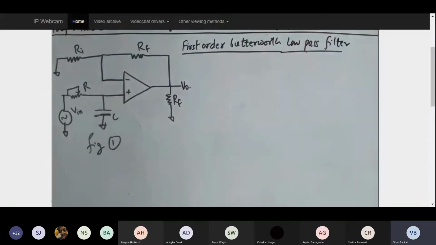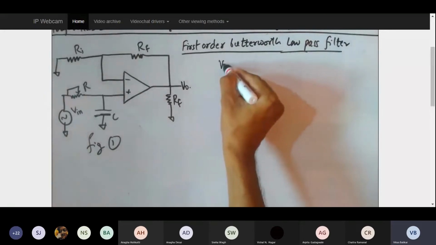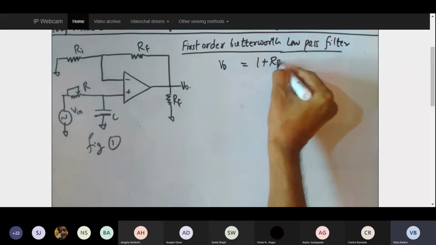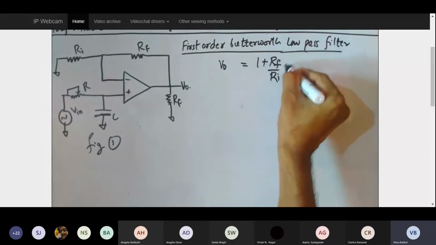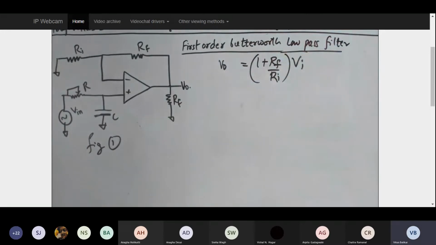If it resembles a non-inverting amplifier, I'll have the output equation with a gain term exactly equal to that of a non-inverting amplifier. So I can say that V0 will be equal to (1 + RF/RI) multiplied by VI. Definitely this is going to happen. Now the question is, what is VI?